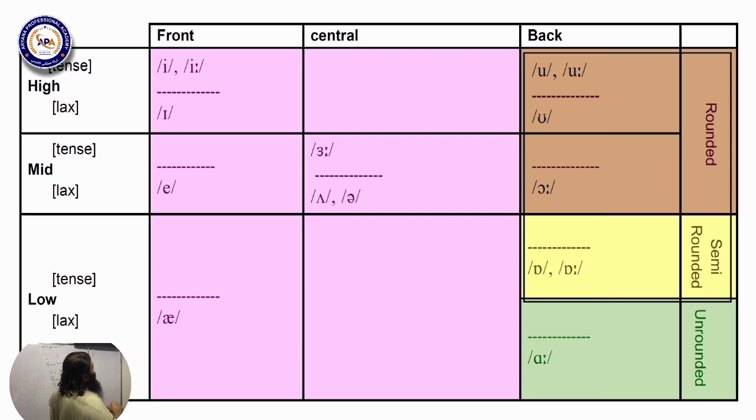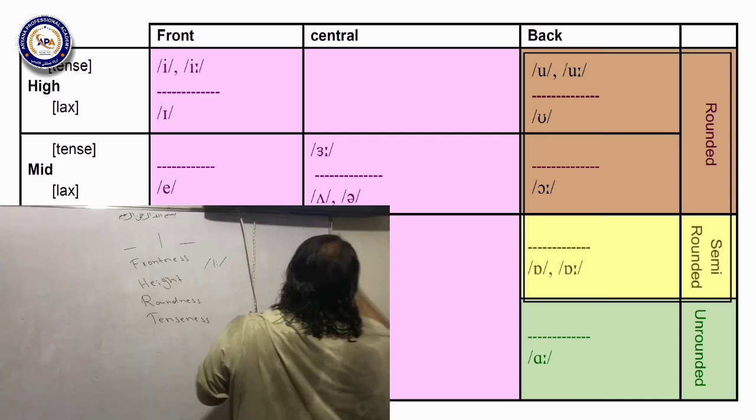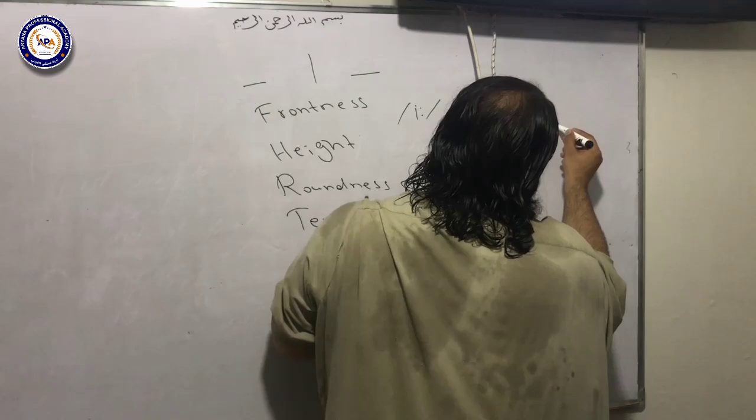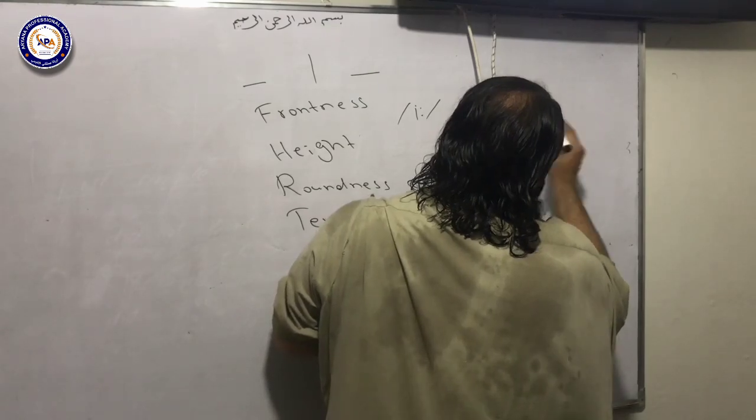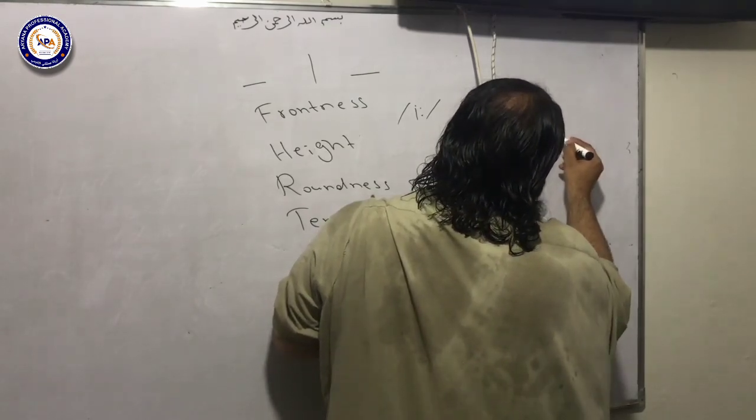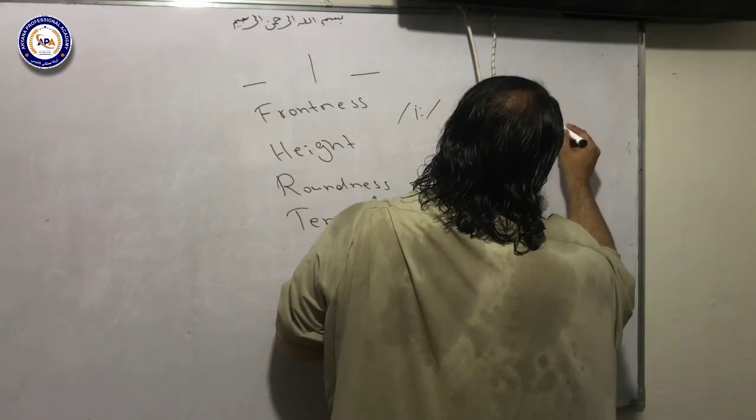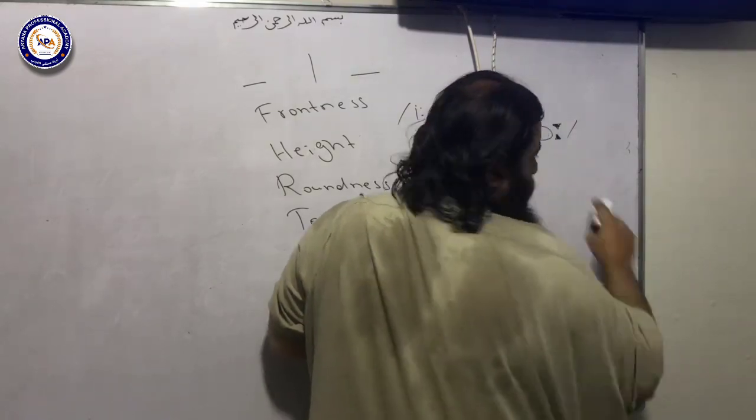Actually, one more thing we will study again later in the vowel sounds. Sometimes this symbol shows roundness for us. If we compare these last three lines, look at this sound. The left side of the symbol shows the shape of our mouth.